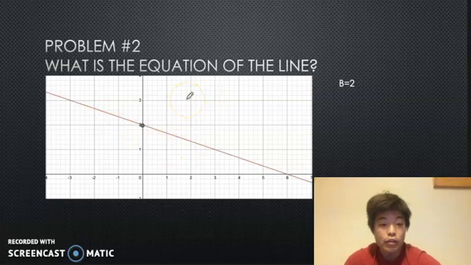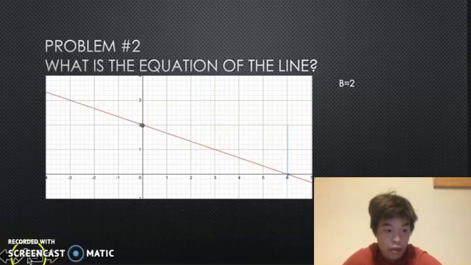Next, all we need to do is find the slope. Remember, we want to choose 2 points that are integers. The easy places we can use are this location here, which is 6, 0, and another is this point here, which is 0, 2. So what is the rise from this point to this point?